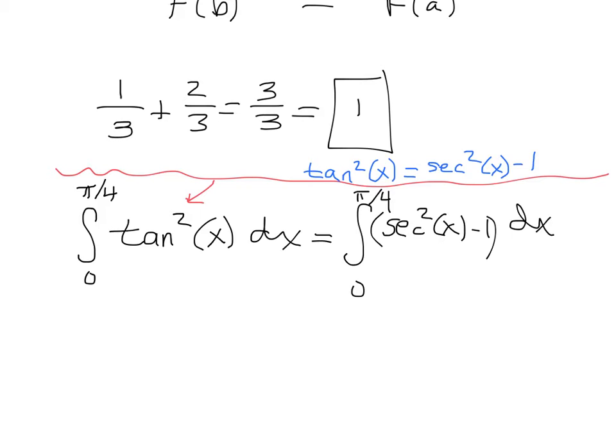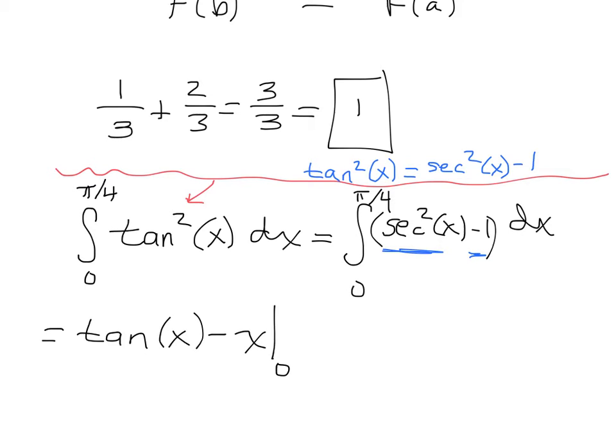So now I look in my table and I find the antiderivative of secant squared is tangent. And of course the antiderivative of 1 would be x.